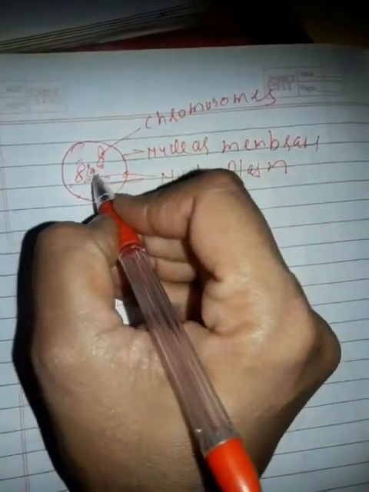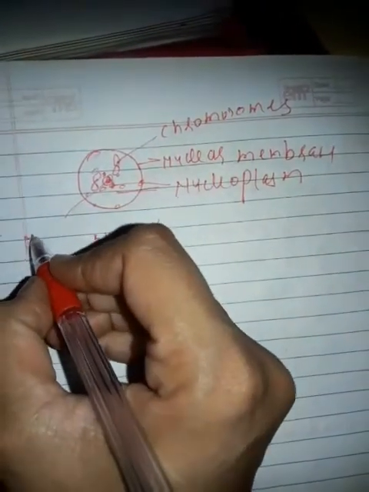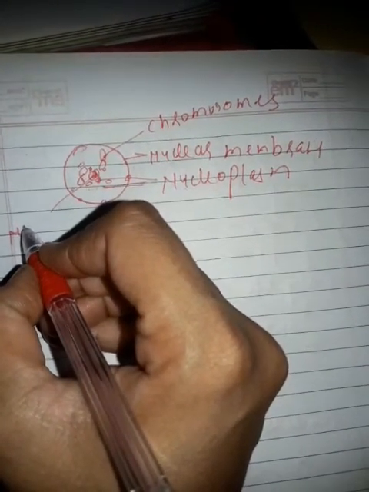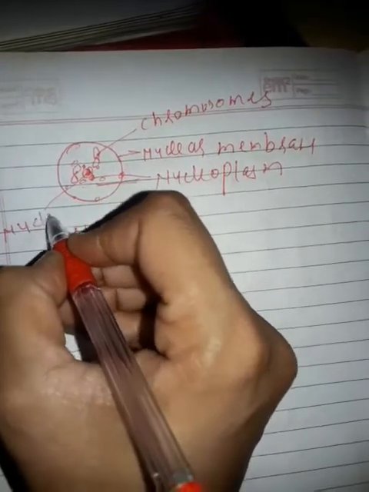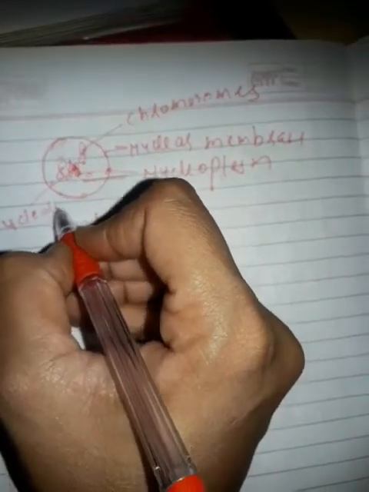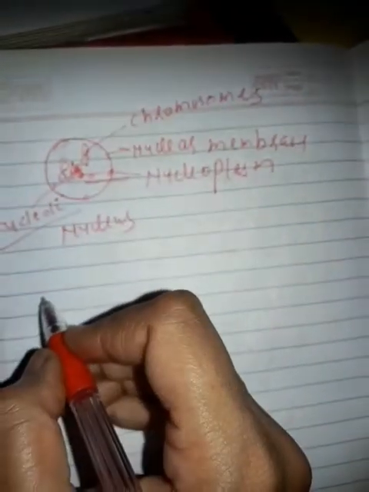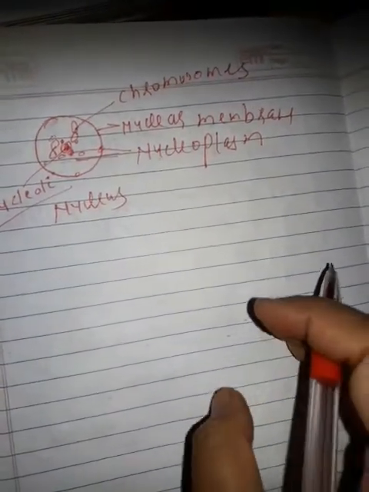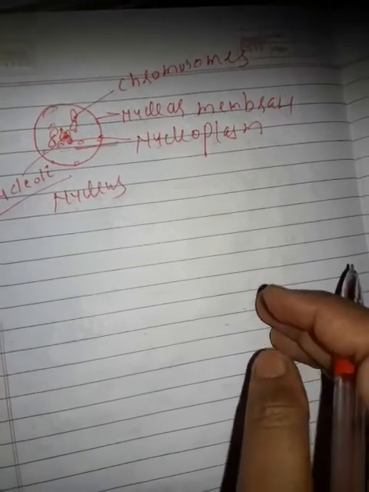The nucleolus is a small spherical body present in the nucleus.